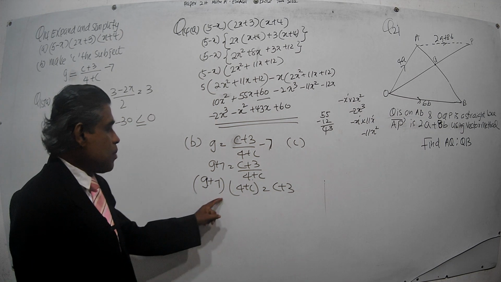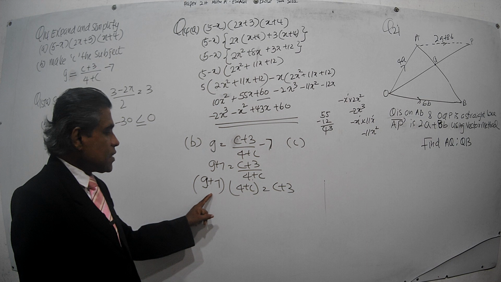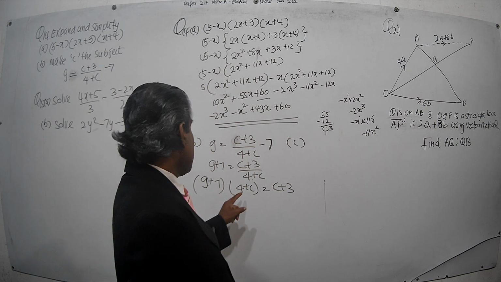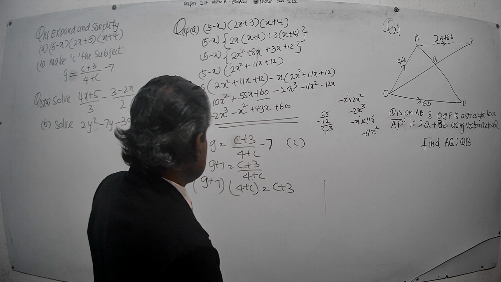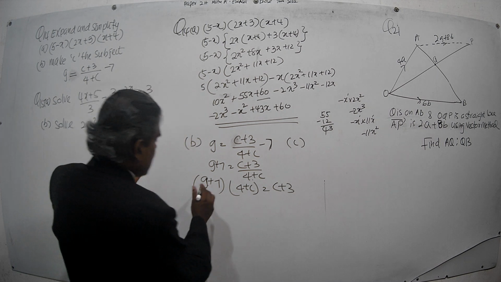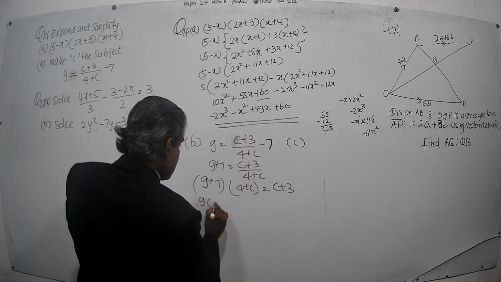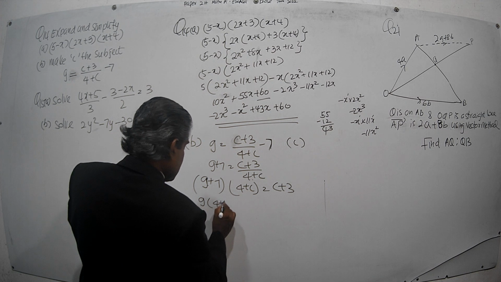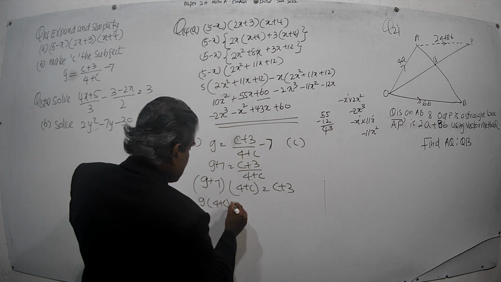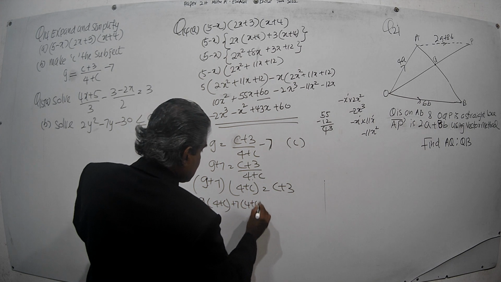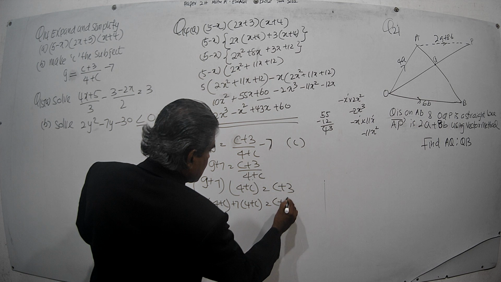Now we are going to expand this, G plus 7 into 4 plus C. How do you do it? You write here G, and you multiply this whole thing, and this plus 7 also, you multiply this whole thing, 4 plus C. Equals C plus 3.